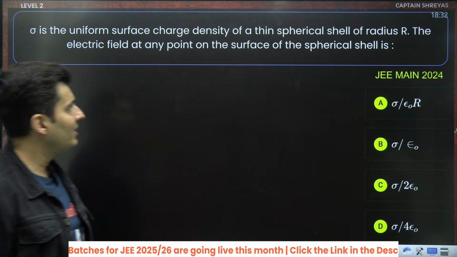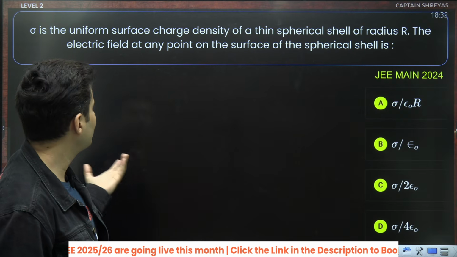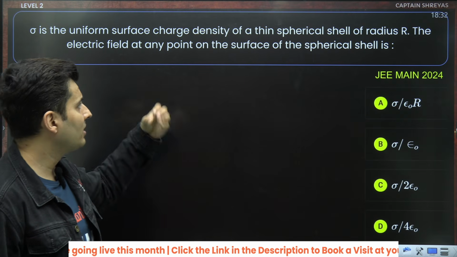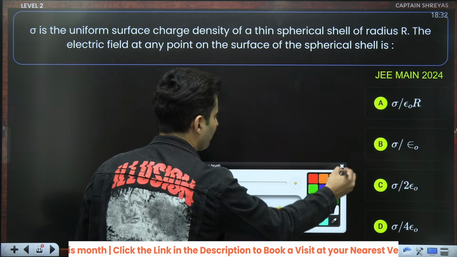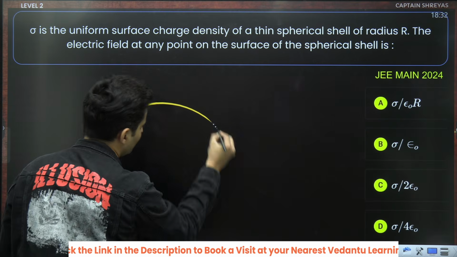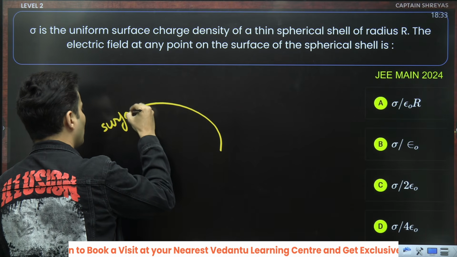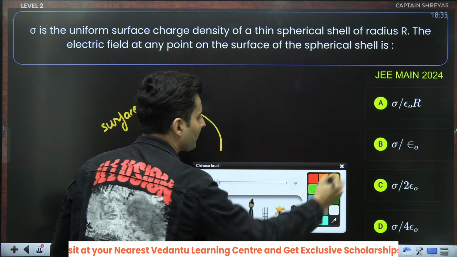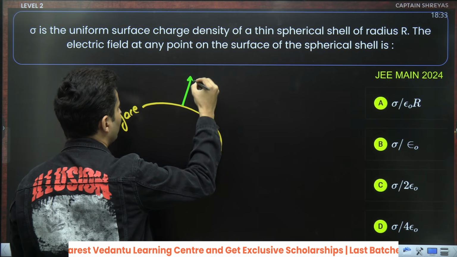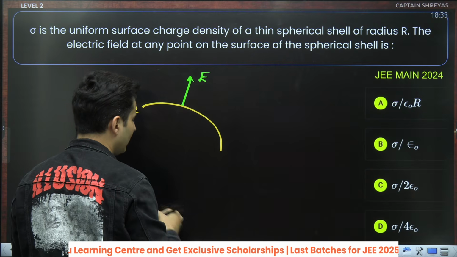Sigma is the surface charge density of a shell of radius r. The electric field at any point on the surface of the shell. Whenever you take the shell, okay, if this is your surface of the shell or any conductor for that matter, remember electric field is perpendicular and it is present outside.